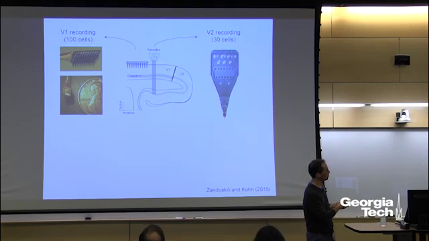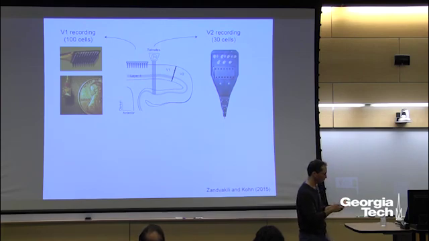And specifically, and I'll show you evidence for this in the next slide, we can place these tetrodes specifically in the middle layers where the axons of the neurons that live here project. So we're recording simultaneously from an output population in one brain region and exactly from one of the downstream targets of that output population in V2.